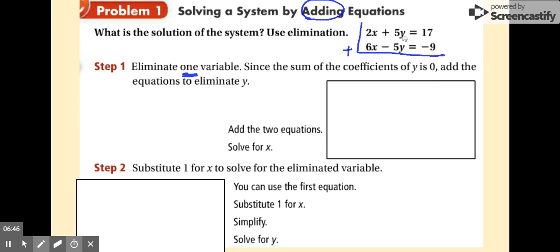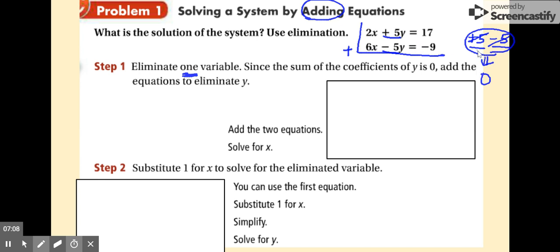What's the coefficient of y here? It's positive 5. In the next one, the coefficient of y is negative 5. Positive 5 and negative 5 are zero pairs, which means when you add them together, they cancel out. So it's going to be 0, okay?